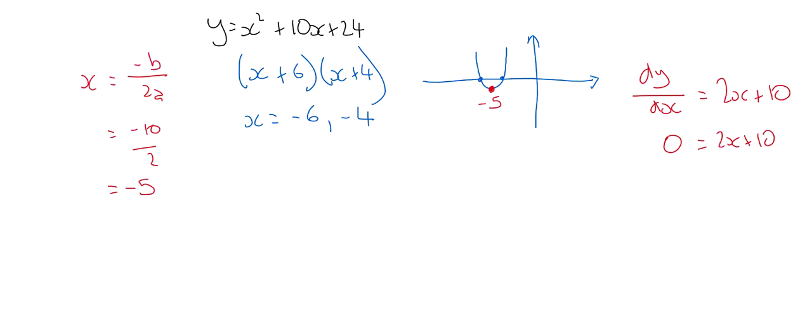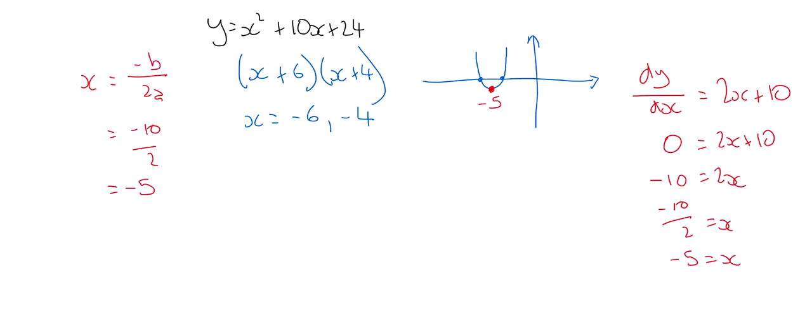So what is the x-coordinate when the derivative is 0? If I just do my normal algebra, I get the same answer: x is -5. This is the x-coordinate of the turning point.